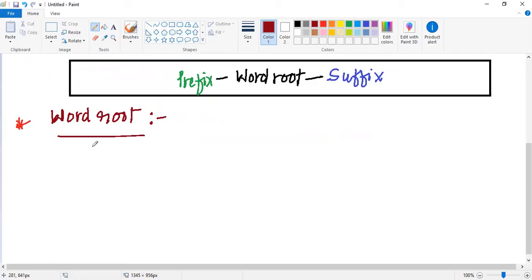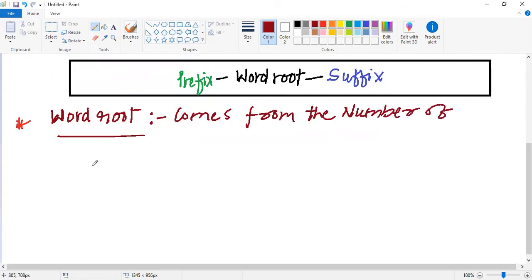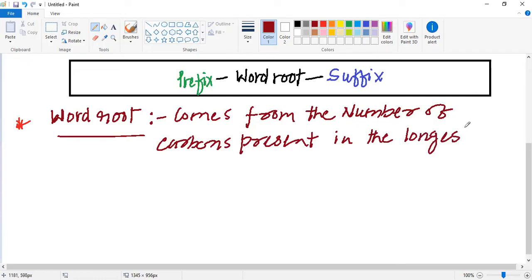Please remember, my dear students, that the word root comes from the number of carbons present in the longest chain. So here we have the word root, and that word root comes from the number of carbon that is present in the longest chain.